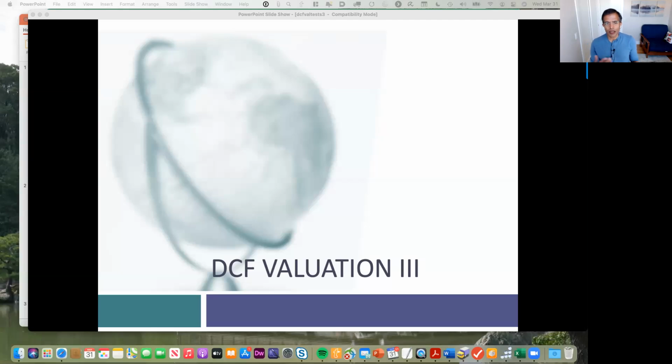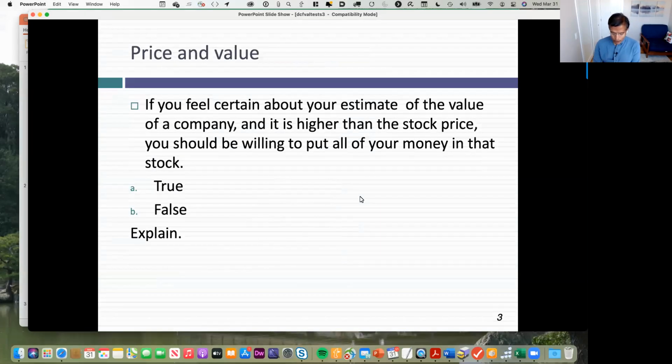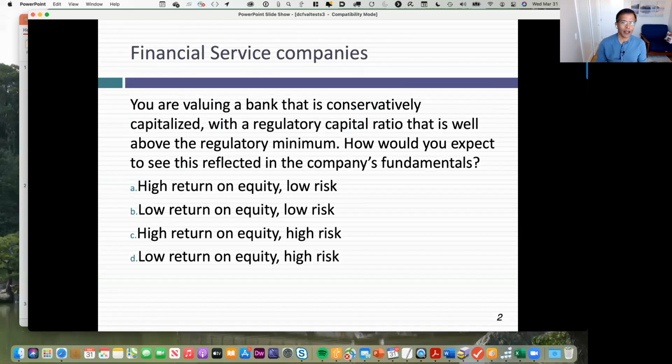So let's start with the start of the class test that we usually do. And today, since we're going to talk about banks, might as well start with that as the first question. Right? So let's say you're valuing a bank. It's conservatively capitalized. What does that mean? Well, it's got a very high regulatory capital ratio, much higher than what they're required to maintain.